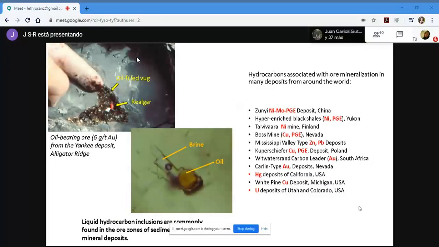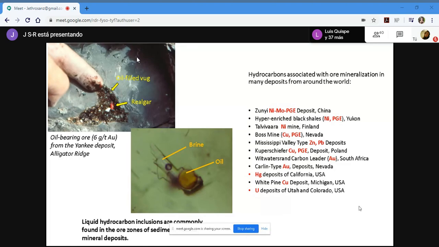So there are many sediment-hosted mineral deposits around the world that show signs of having interacted with petroleum. The images that you can see to the left of your screen are images from the Yankee deposit in Alligator Ridge, which is a Carlin-type deposit in Nevada, USA.